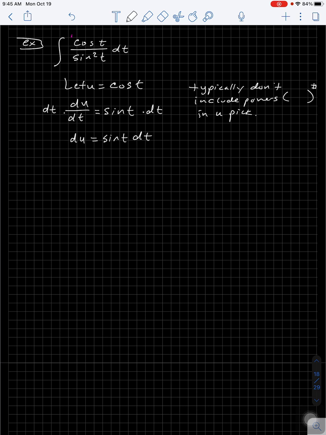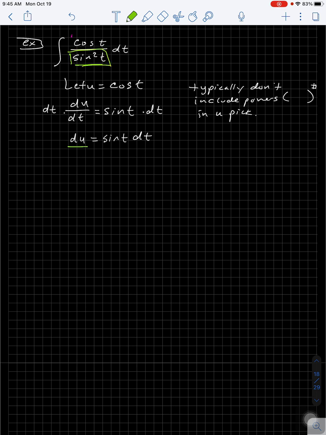So here's the problem. First of all, the sine in the original function is squared, and this one isn't squared. And if I multiply by a sine t to create that squared on the right, I have to do it on the left also, and then I'm mixing t's and u's. So that's an illegal move. The other problem is that this du ends up being part of a denominator.